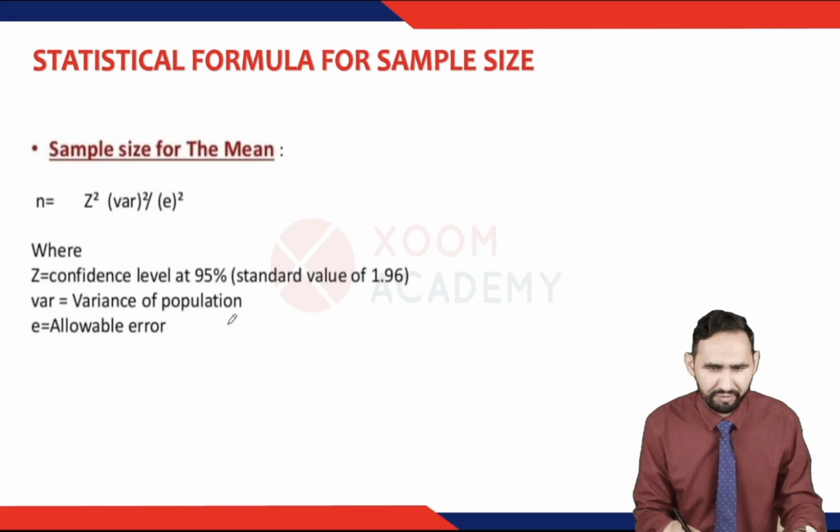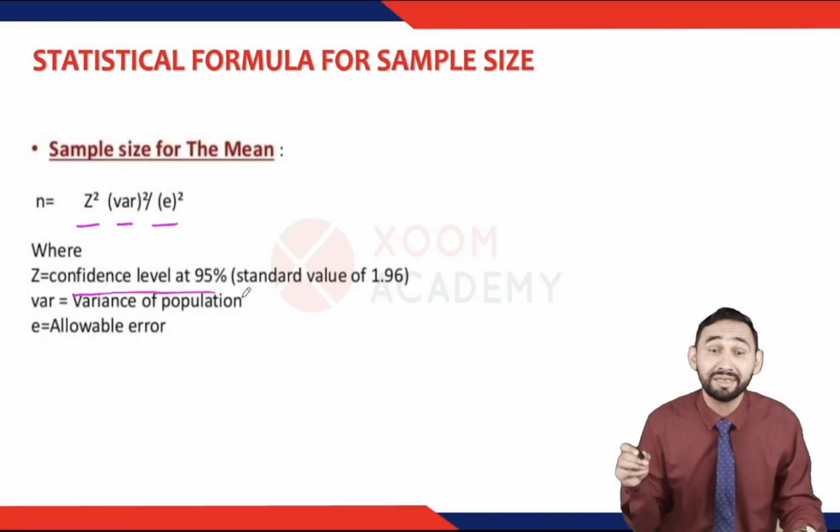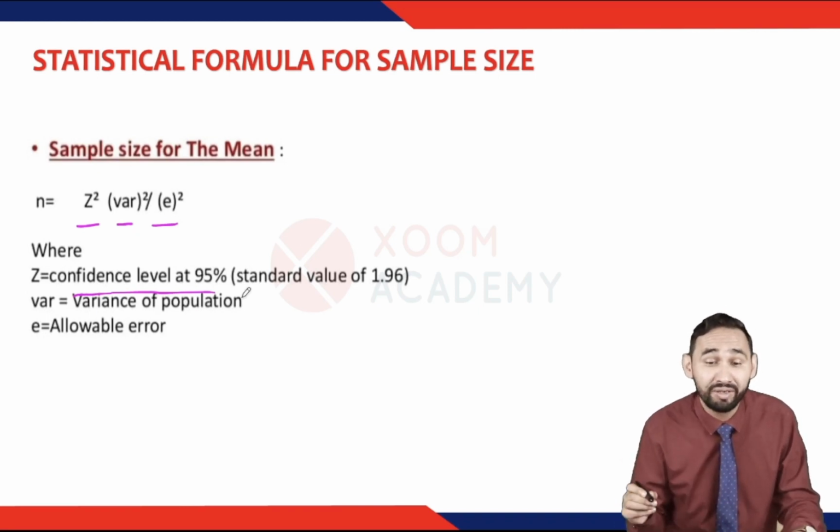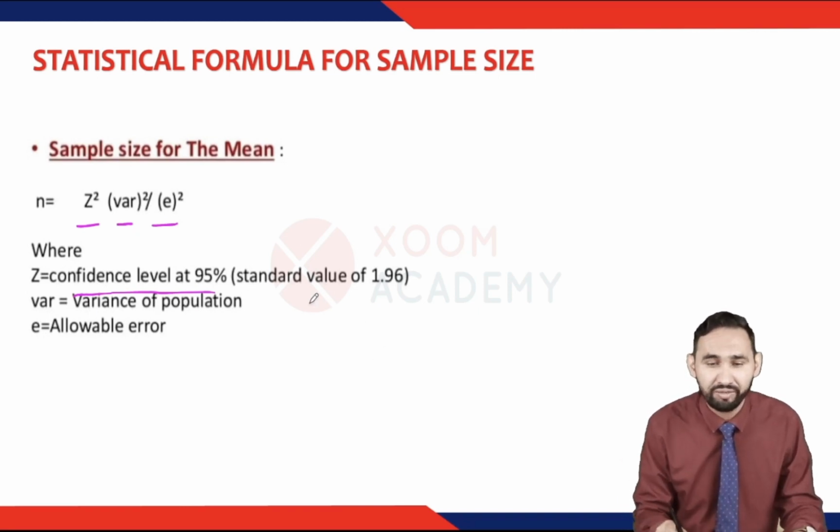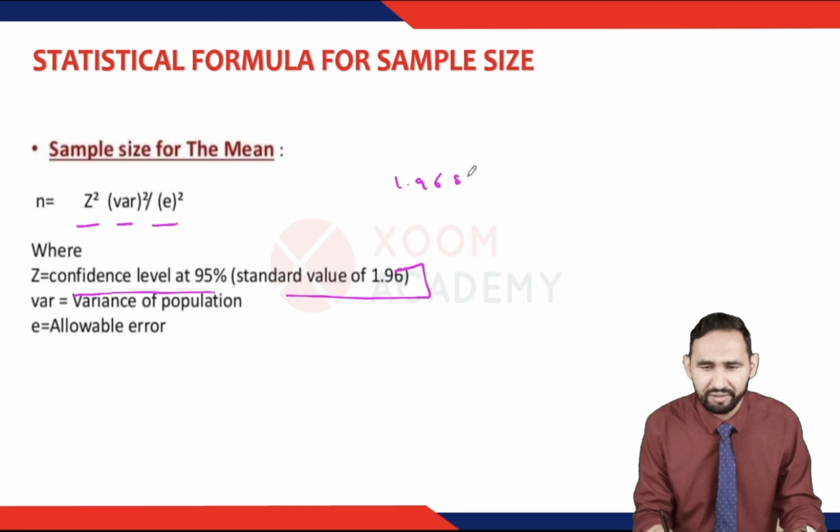So we apply this formula: Z squared, our variance, over E squared. Z is the confidence interval. Usually a 95% confidence interval is taken, and it is equal to 1.96 standard deviations. We can say that 1.96 standard deviations means 95% confidence interval.